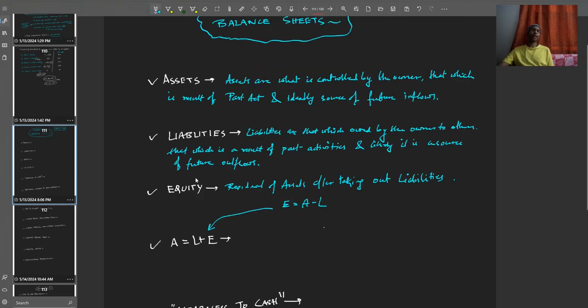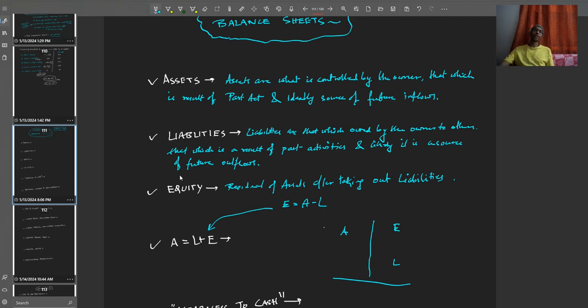Now this is the main source of the balancing. On one side you have assets, and on the other side you have equity and liabilities, both exactly matching each other, because equity is basically nothing but A minus L. You take the liabilities out of the assets, whatever remains you put in equity, and you balance both sides. This is how a balance sheet is constructed.